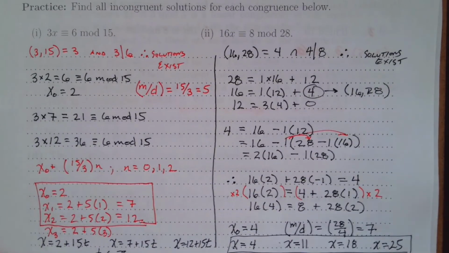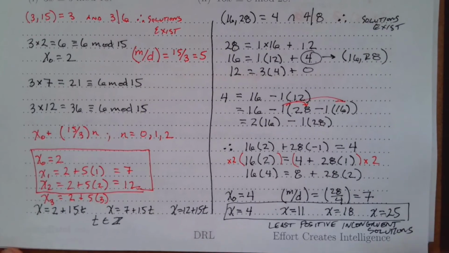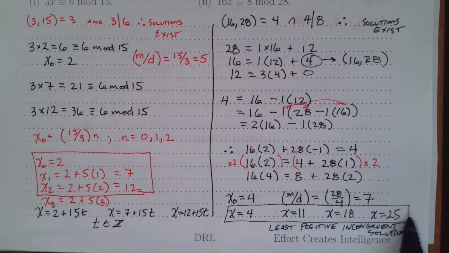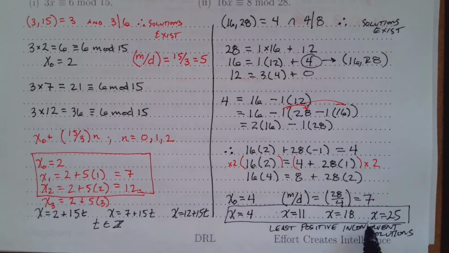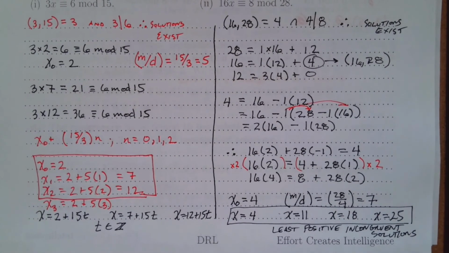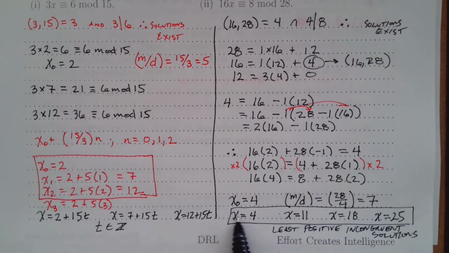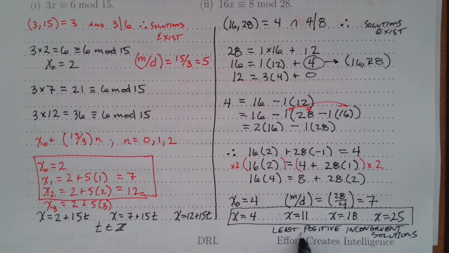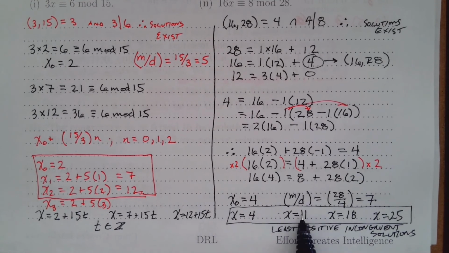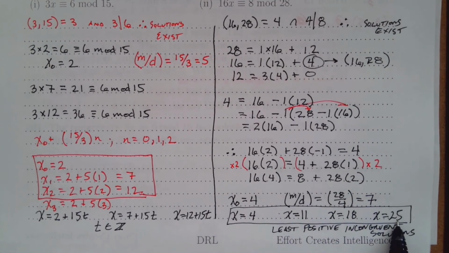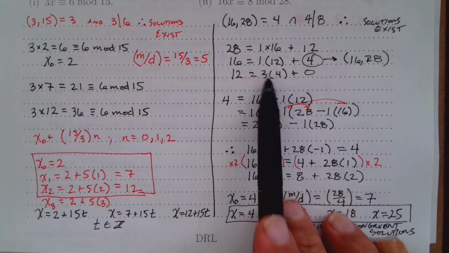And I know that if I simply added 28 to each of these, or subtracted 28 from each of these, or really any multiple of 28, I would be getting solutions as well. But fairly typically, you are going to be asked for the least positive incongruent solutions, and that would be 4, 11, 18, and 25.